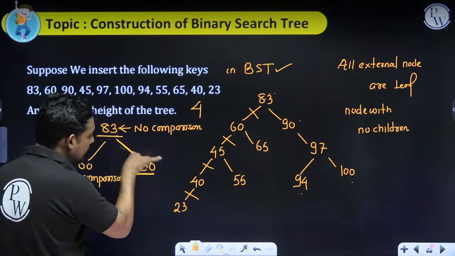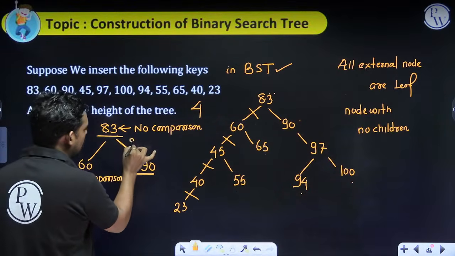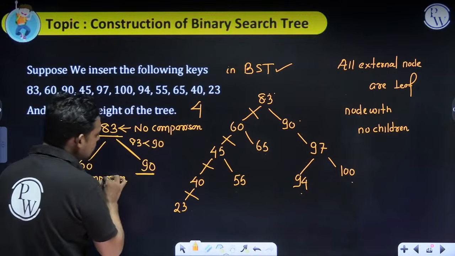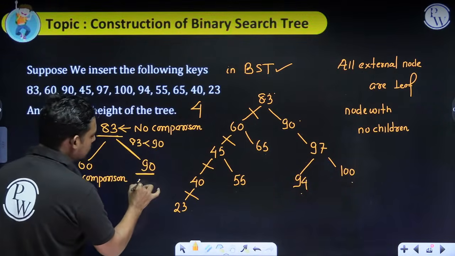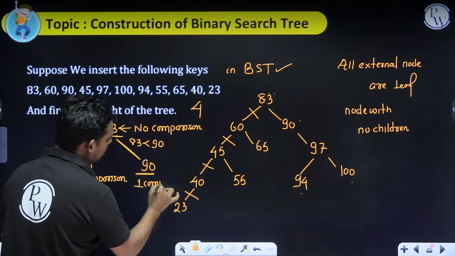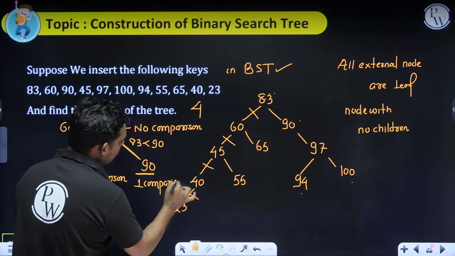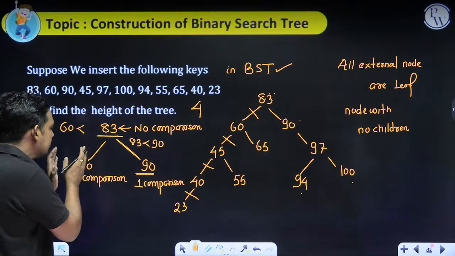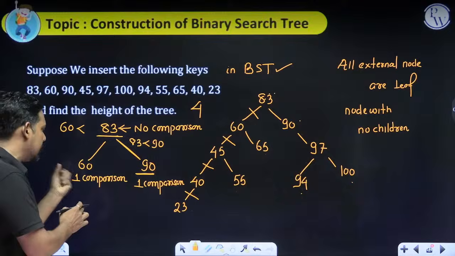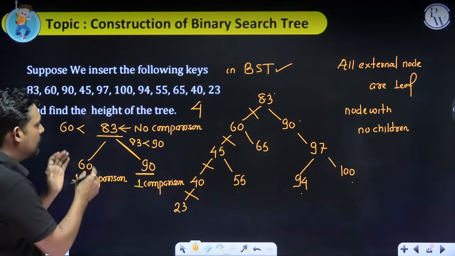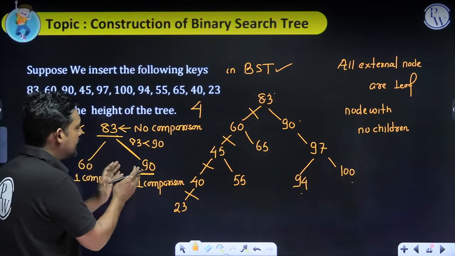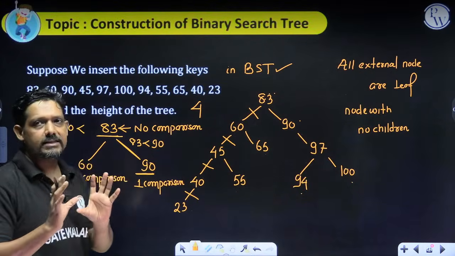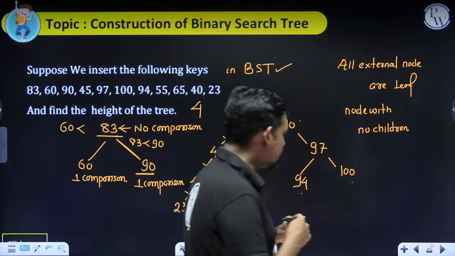How do I know that it will go to the right? 90 is greater than 83, so it will go to the right. So this is one comparison. So when I inserted 83, no comparison. When I inserted 60, I compared with 83, then it settled into the left. Then I inserted 90, and it settled in the right. So this is how the tree is constructed.